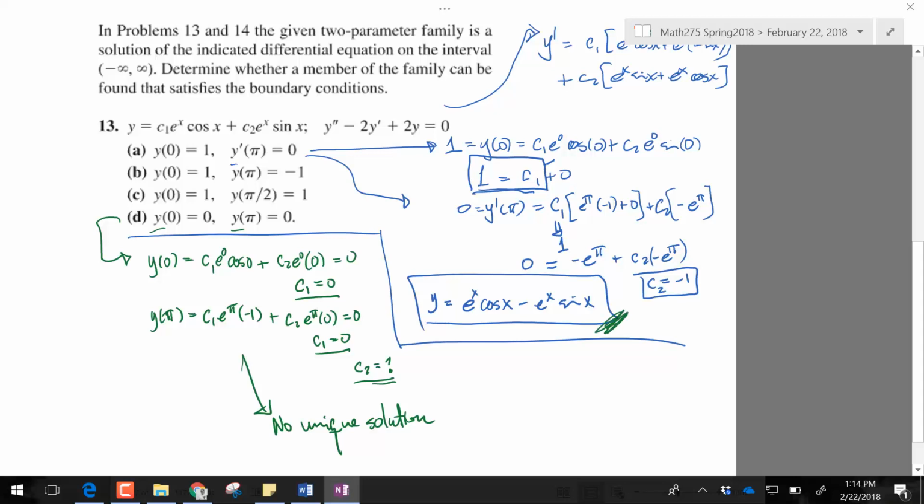This is a solution, and I believe it's unique based on these boundary values. Yes. How do we know? We can try to find another solution and see that it won't work.